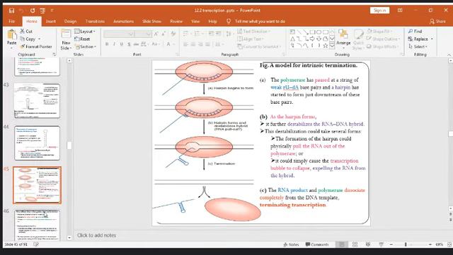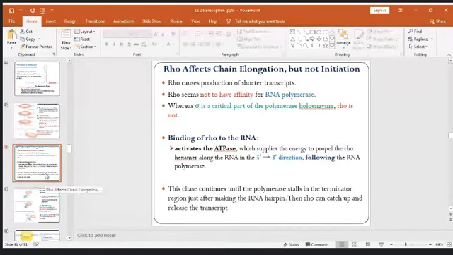This is intrinsic termination. In extrinsic termination, what brings about the bending or hairpin structure formation is an external factor, that means a protein, the rho protein. Rho affects chain elongation but not initiation; initiation is what we saw before. Rho causes production of shorter transcripts, and rho seems not to have affinity for RNA polymerase, whereas sigma is a critical part of the polymerase enzyme complex, rho is not a critical part of the enzyme complex.